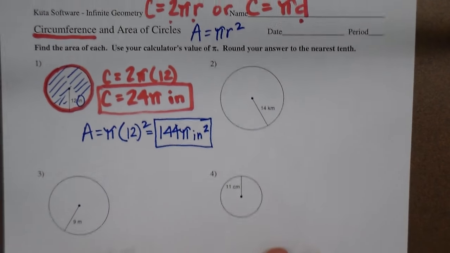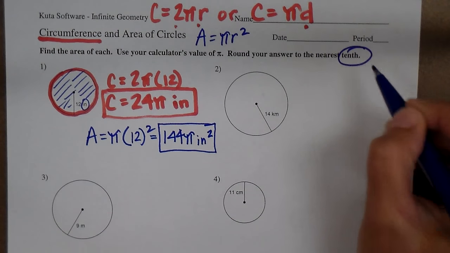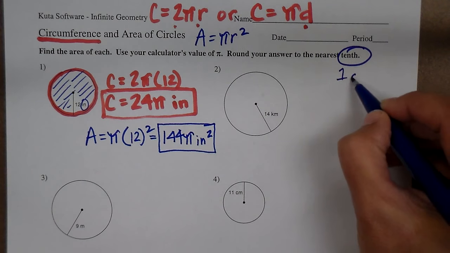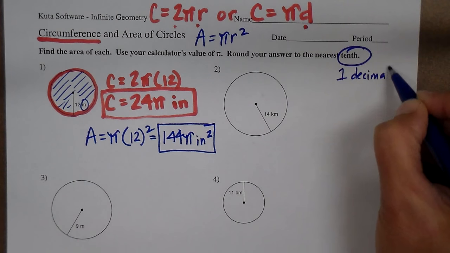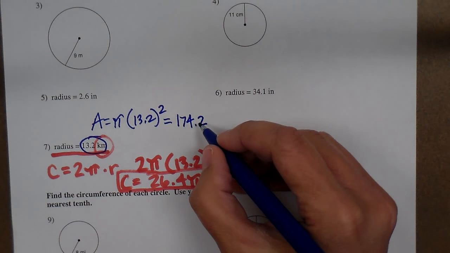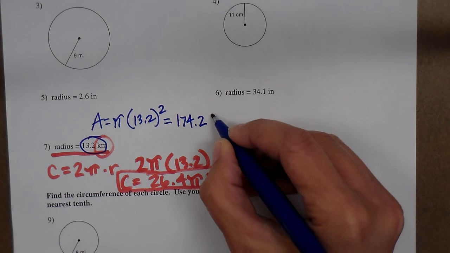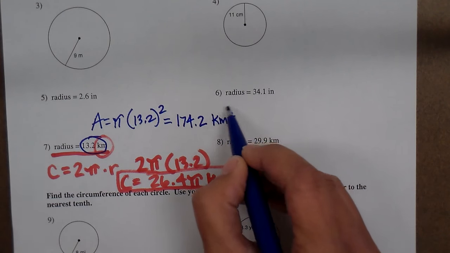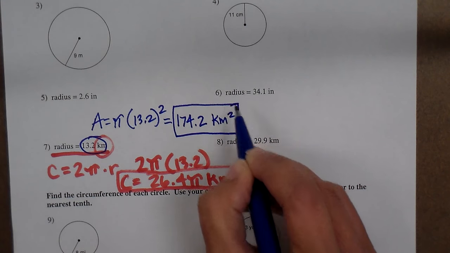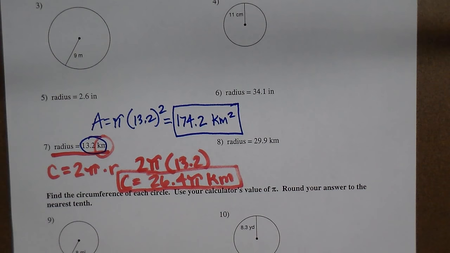But the instructions tell me to round to the nearest tenth. That's 1 decimal place. The tenth place is 1 decimal. So that's going to be 174.24, which rounds to 174.2, and that's going to be kilometers squared. So that's how you find the area and the circumference of a circle.